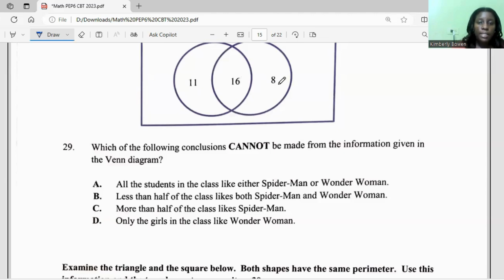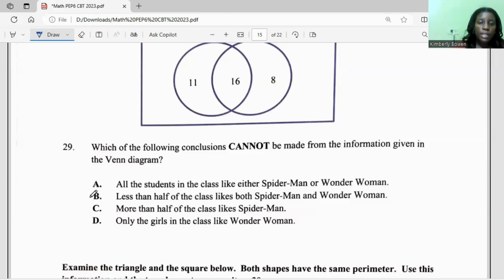27 plus 8, that's 35. So less than half. Okay, 16 is more than half of 35.